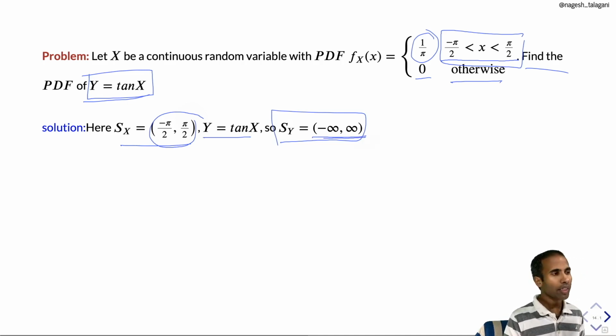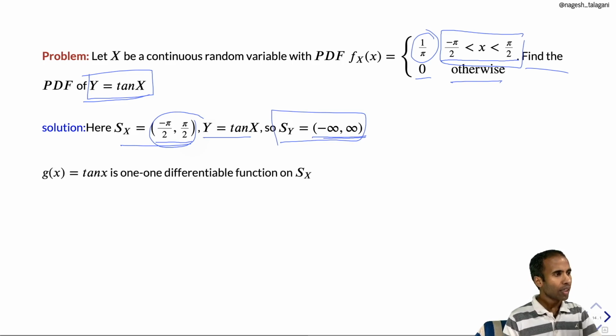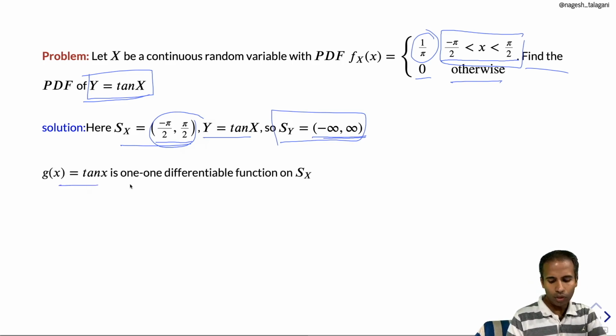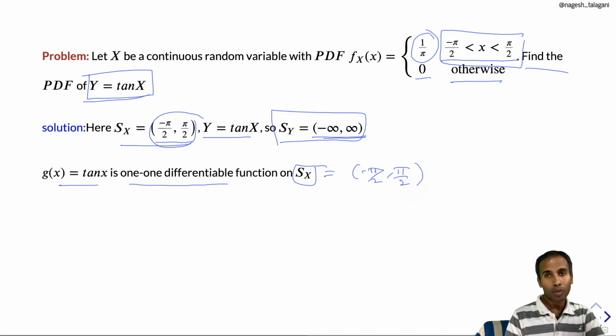So it's pretty clear. Now, the tan x function is a one-to-one function on the interval minus pi by 2 to pi by 2. Of course, it is a differentiable function.